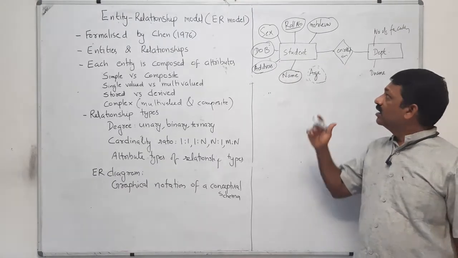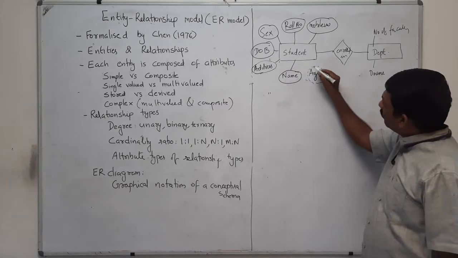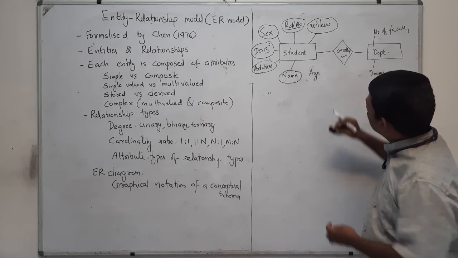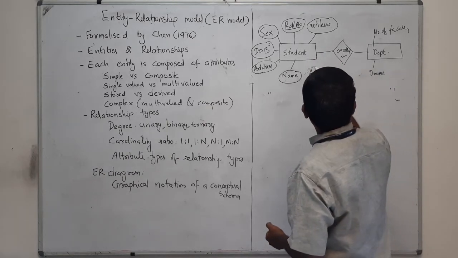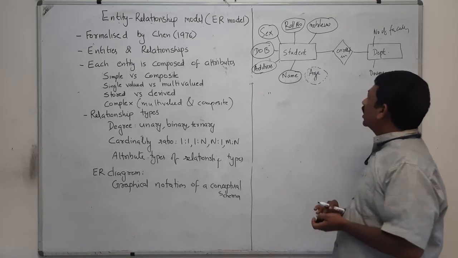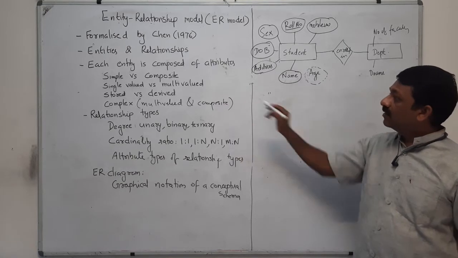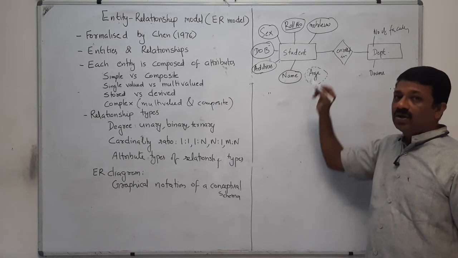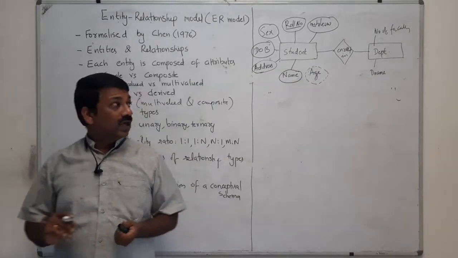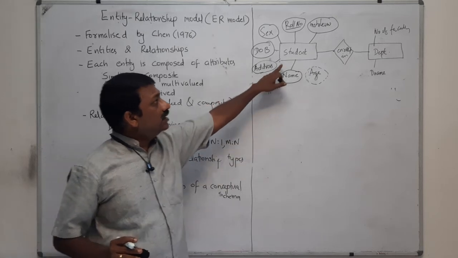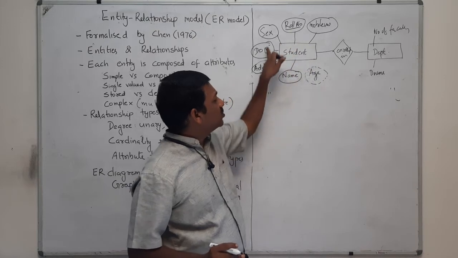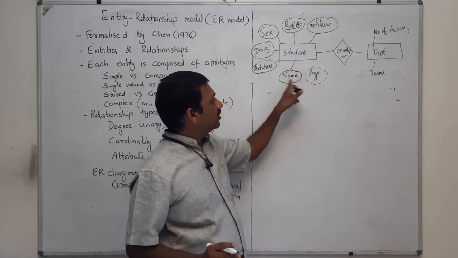As you can derive age from date of birth, it is represented by a dotted oval. So age is a derived attribute, represented by dotted lines. That's all about entities. Entities are represented by a rectangle, and all their attributes are represented by ovals.